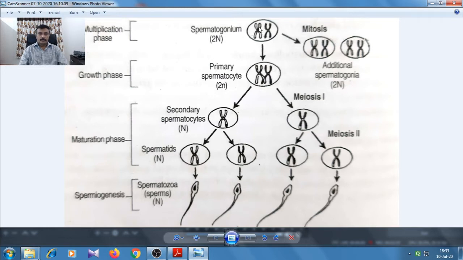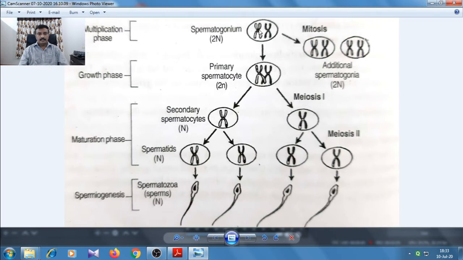You can see this gets multiplied. It divides into two, again this divides, and as a result a large number of spermatogonial cells are formed. That is what is happening in the phase of multiplication.